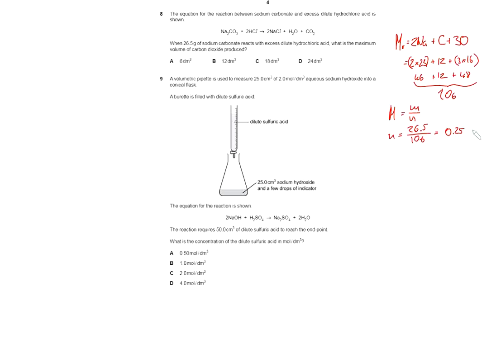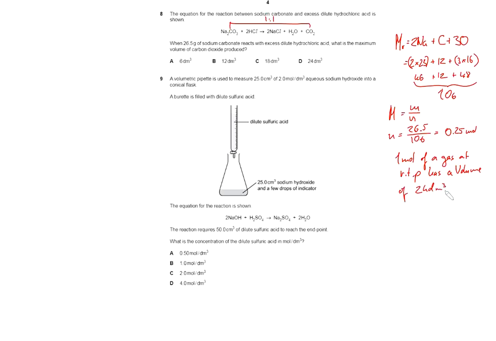So what else do we know? So we have 0.25 moles. We can see the mole ratio between the two is 1 to 1. That means we have 0.25 moles of carbon dioxide. We know that 1 mole of a gas at room temperature and pressure has a volume of 24 decimeter cube.